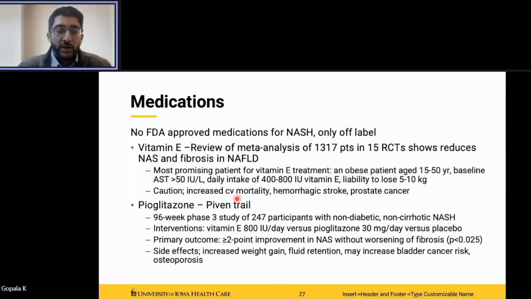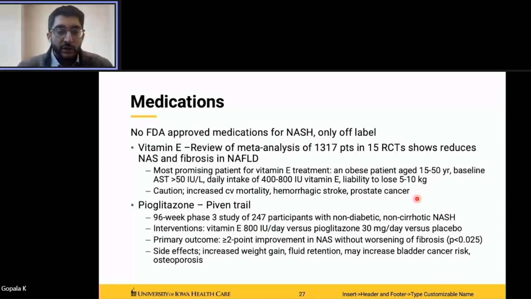But you should take caution that the study, when using 800 international units, did show increased CV mortality, hemorrhagic stroke, and prostate cancer. So if patients have CV risk factors, or elderly males, I do use that with caution.